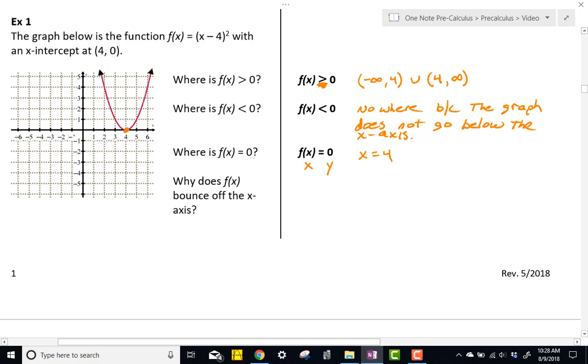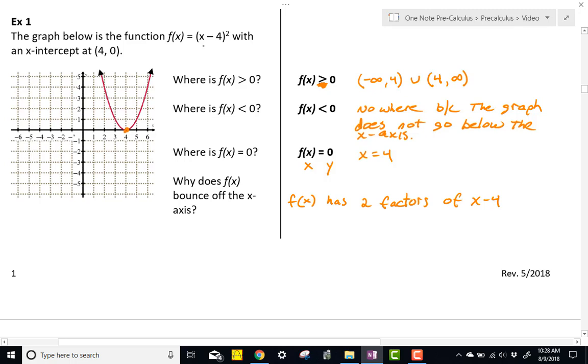Last question, why does f of x bounce off of the x-axis? Well, this goes back to Algebra 2 a little bit. When we graphed in Algebra 2, this function has two factors of x minus 4.